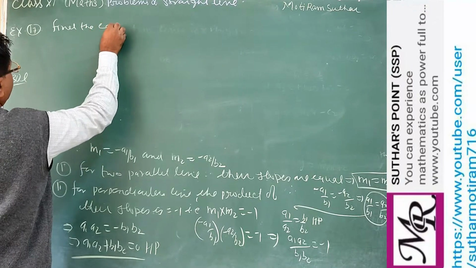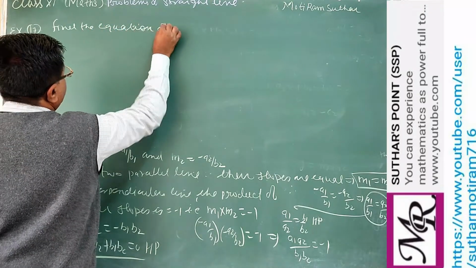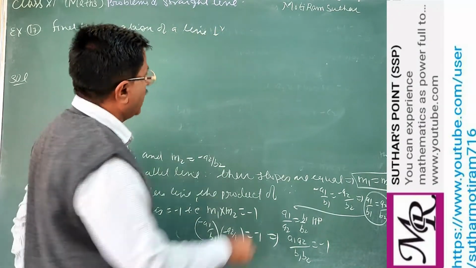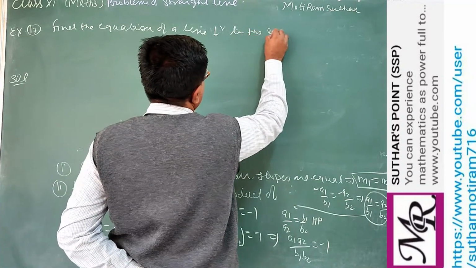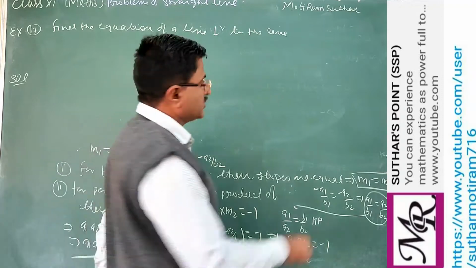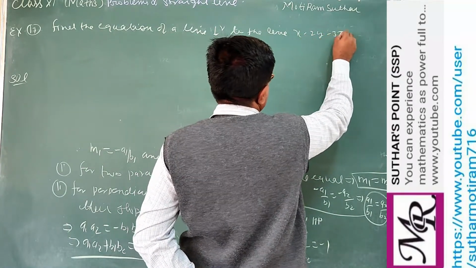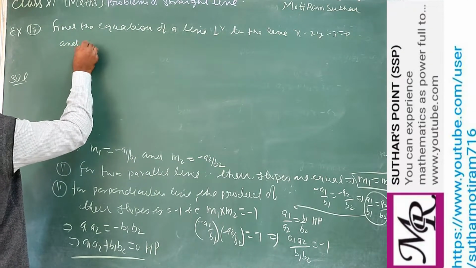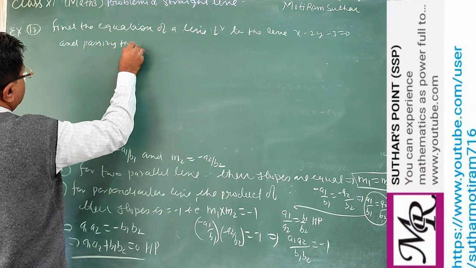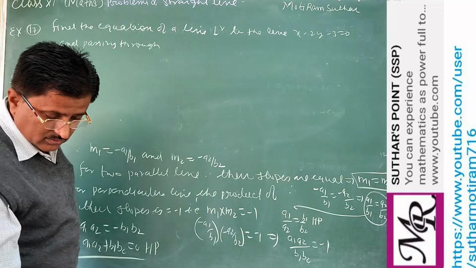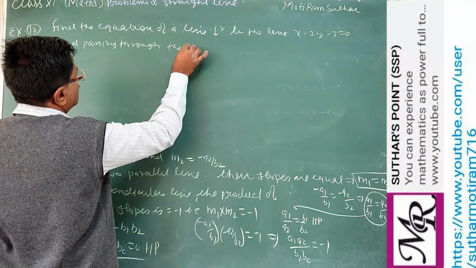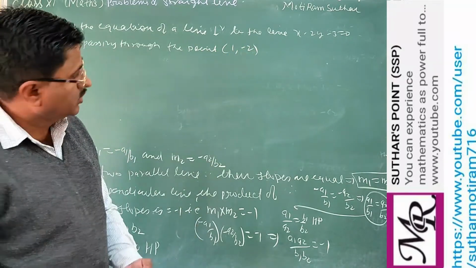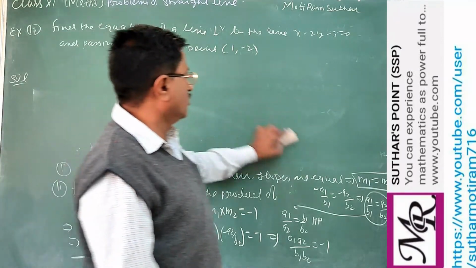Find the equation of a line perpendicular to the given line x - 2y - 3 = 0 and passing through the point (1, -2). Clear?